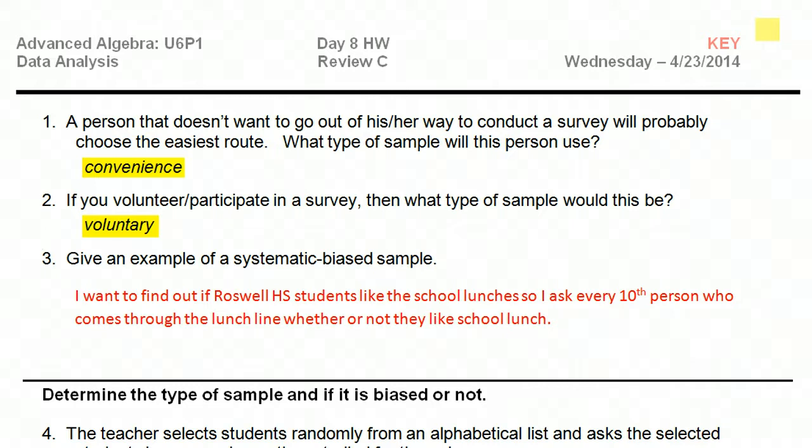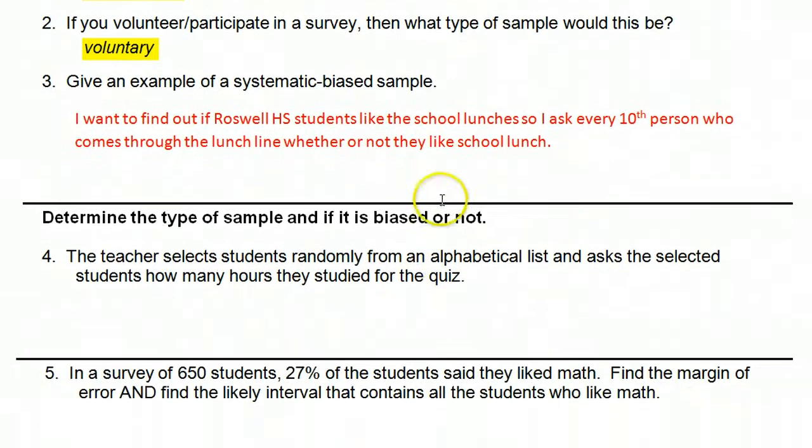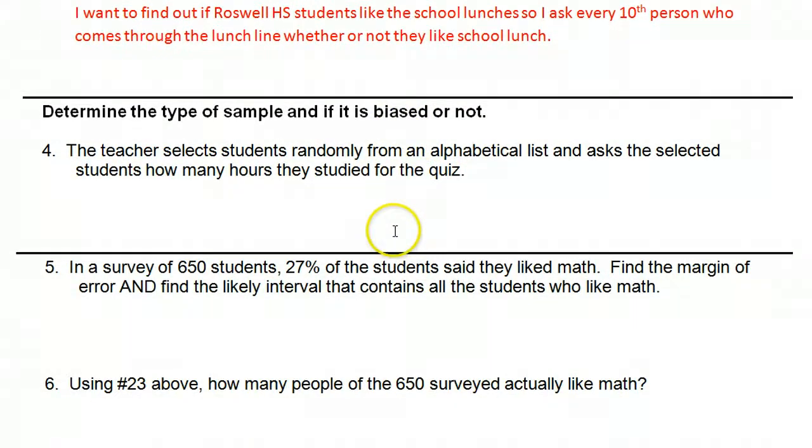And I might find out that a greater percentage of kids that are eating school lunches don't mind them. I mean, some kids don't have a lot of choice in the matter, but to the extent that you do have a choice, if you really hate school lunch, you're probably going to be more likely to bring lunch from home. So that would be biased.